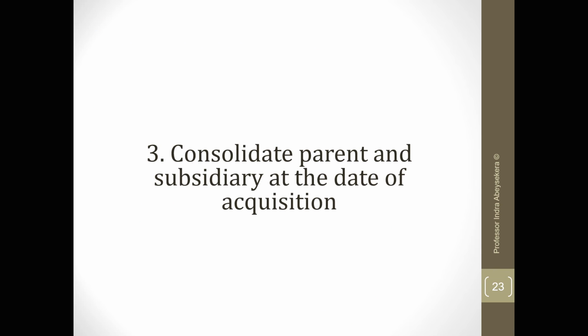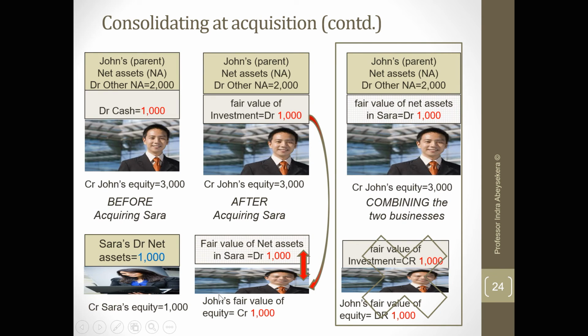So let's look at how we consolidate parent and subsidiary at the date of acquisition. So here's John and Sarah's company. John has an equity of 3,000 represented by cash 1,000 and other assets 2,000. And Sarah's company equity is 1,000 and assets are 1,000.